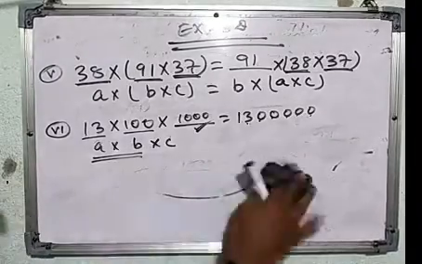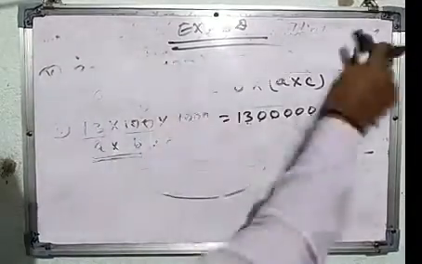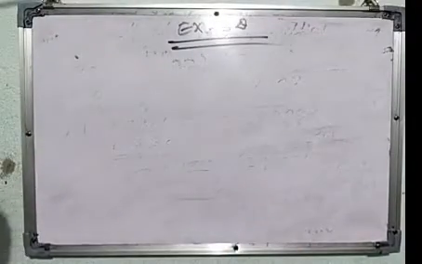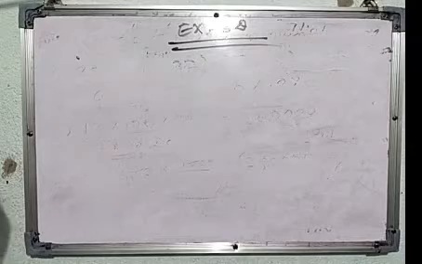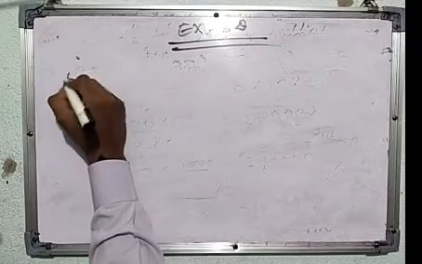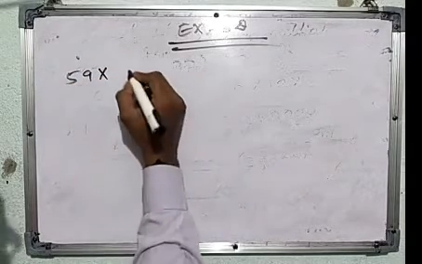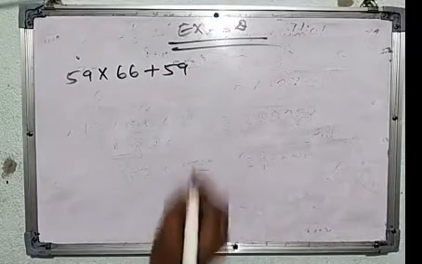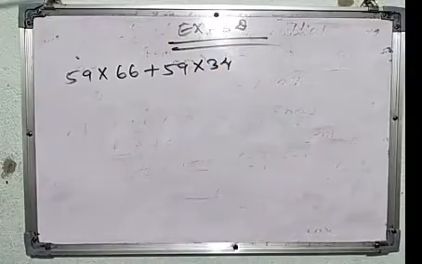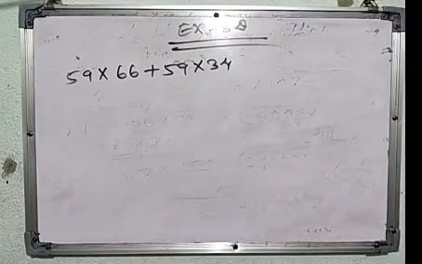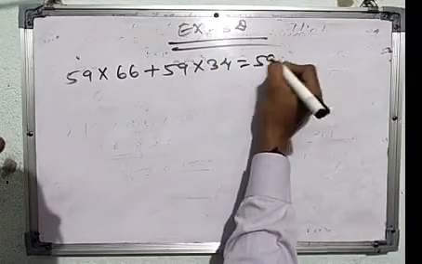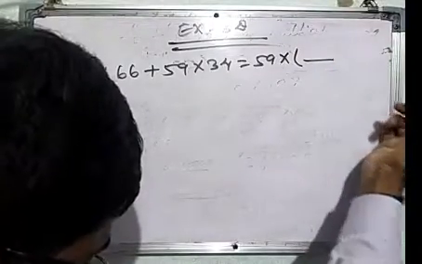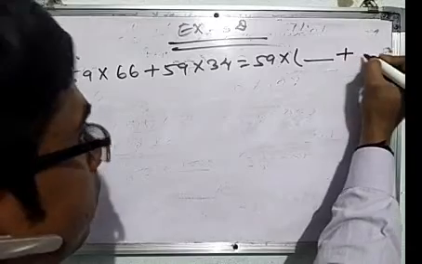Your question 7. 59 into 66 plus 59 into 34 equal to 59 into blank plus blank.